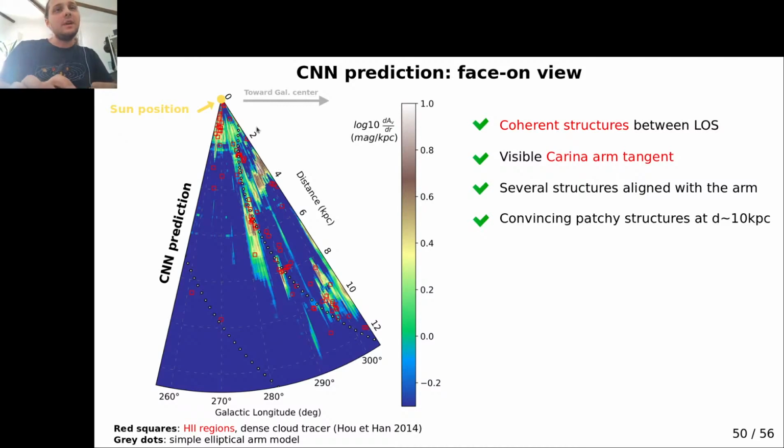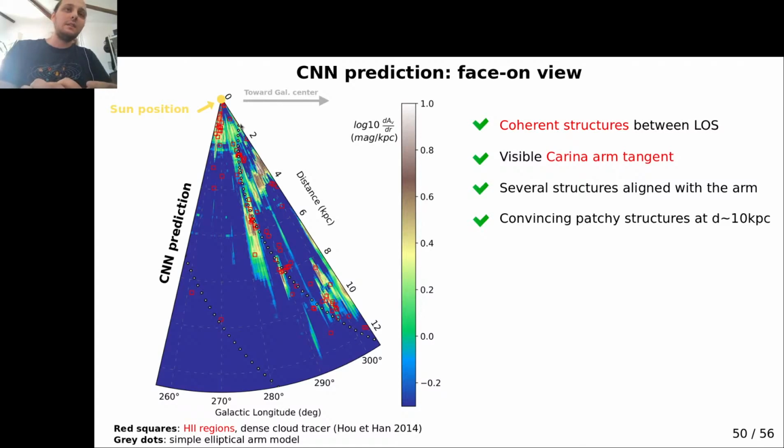You can see that we have overplotted here in light gray a very simple elliptical model of the Carina arm. And to have an observational comparison as well, we have added, in the form of red squares, H2 regions that were positioned by Wei-Han in 2014.